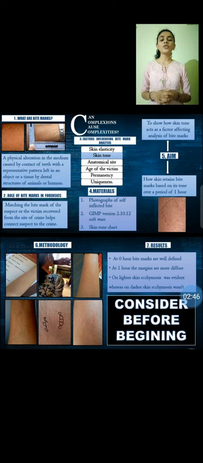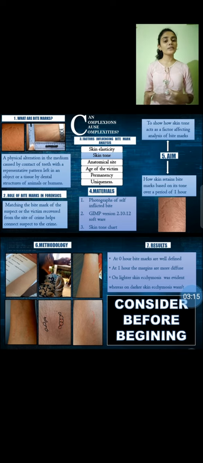The methodology of my study went something like this. In the first step, we compared the skin tone of our subject with a standardized skin tone chart. After the skin tone was determined, we asked the subjects to inflict a bite mark on their forearm. This was a self-inflicted bite mark. Then, a picture was taken at 0 hour, 0 hour meaning the time as soon as the bite mark was inflicted on the forearm.